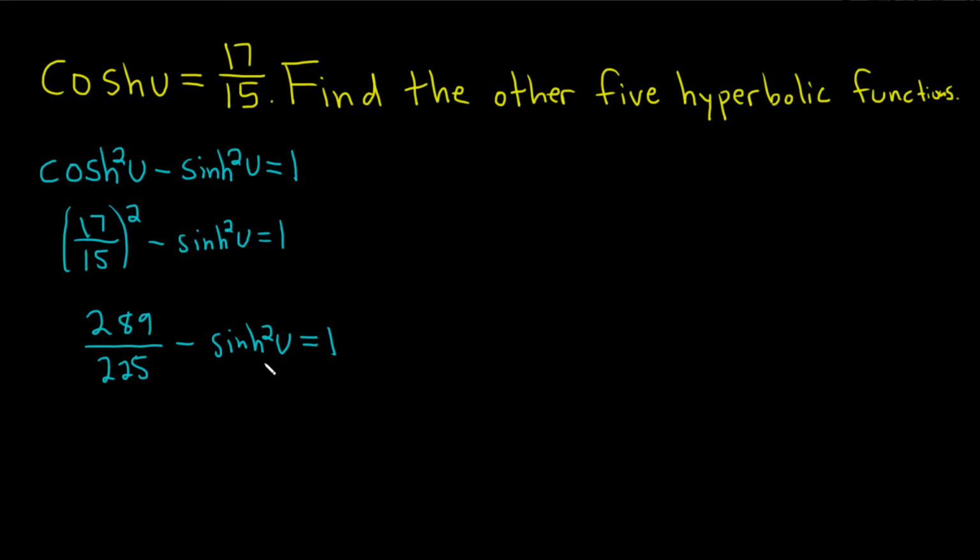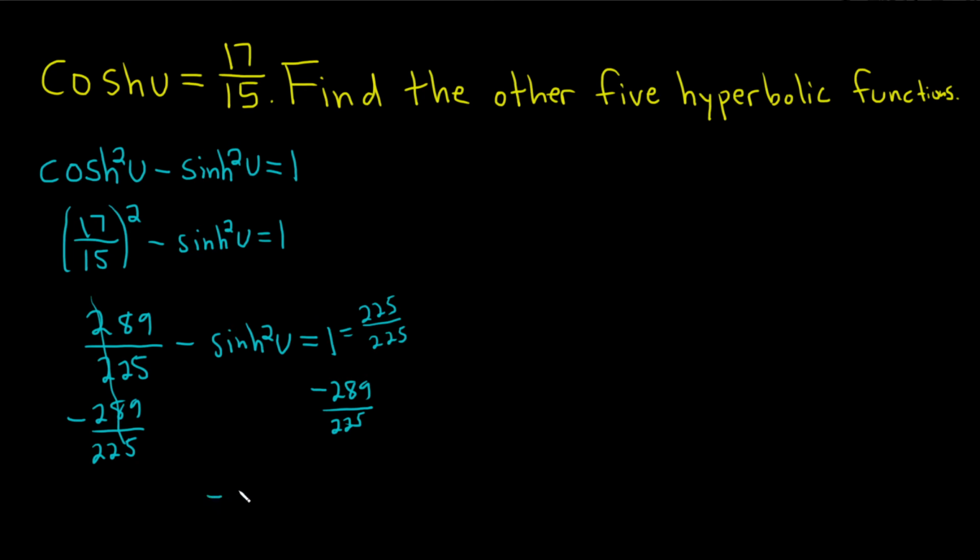So now we can subtract this from both sides. So minus 289 over 225 on both sides. Now to perform the subtraction, we want to think of 1 as 225 over 225. So you're basically adding 225 to negative 289, and that's giving you negative 64.